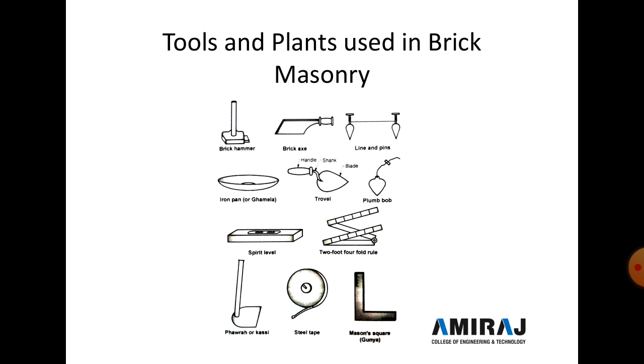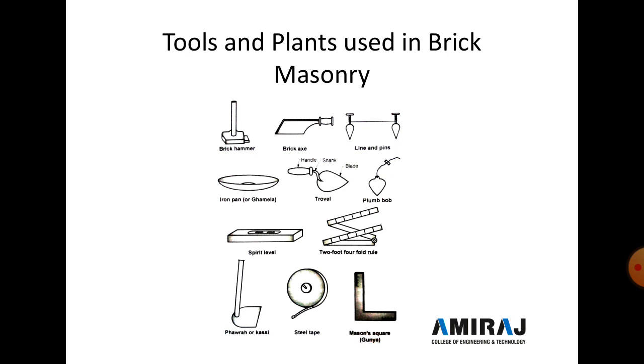Next is the iron pan. The iron pan is for material transportation, and is also used to prepare or mix the mortar. Next is the trowel. The trowel is used to fix the brickwork or to handle the mortar.